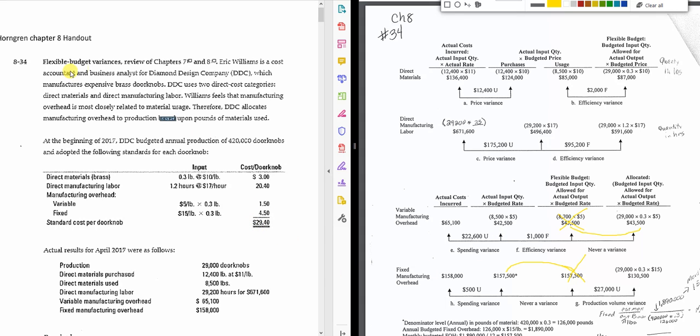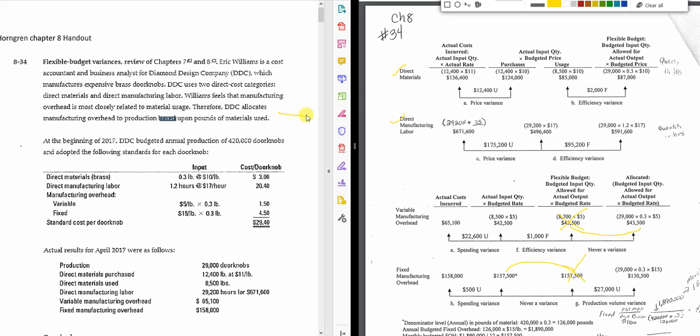Okay, so we've got a cost accountant who manufactures expensive doorknobs. They have 2 direct cost categories, material and labor. That means we're going to have variances for material and labor. And they allocate overhead; manufacturing overhead is more closely related to material usage. Therefore, they allocate manufacturing overhead to production based on pounds of materials used.